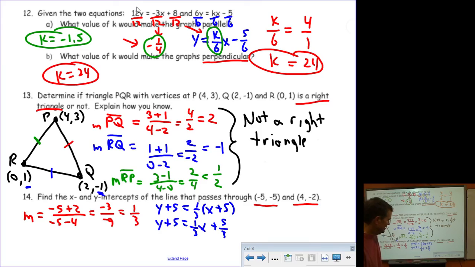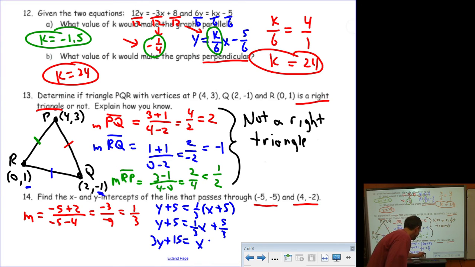I'm not sure that's any better. If I was good at mental math, I might multiply everything by 3 to cancel out the fraction. 3y plus 15 equals x plus 5. And that is the equation maybe I use to find the x and y intercepts.